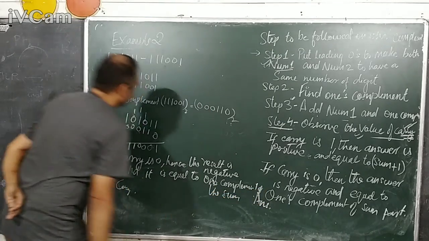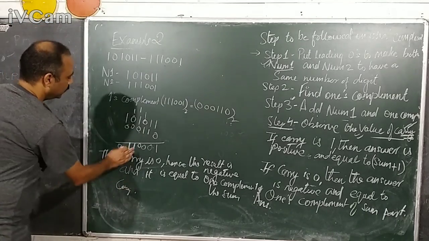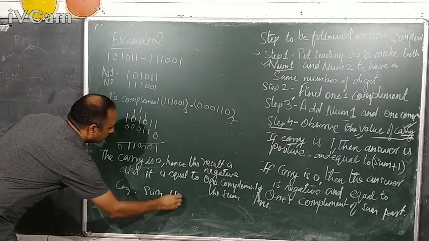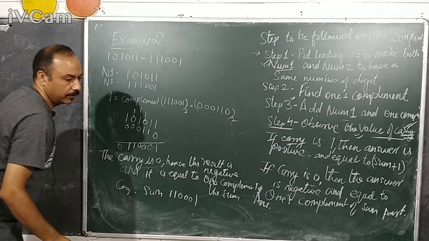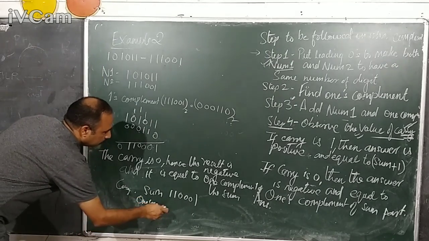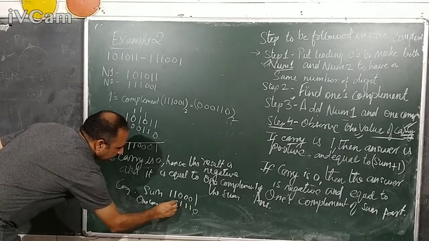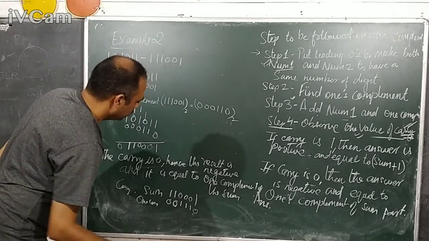So what we have to do is that 1 complement means what? It's simply an opposite. So this is the sum. Sum is 1, 1, 0, 0, 0, 1. So the 1 complement is the opposite of this. So 0, 1, 1, 1, 0, 0. 0, 0, 1, 1, 1, 0.